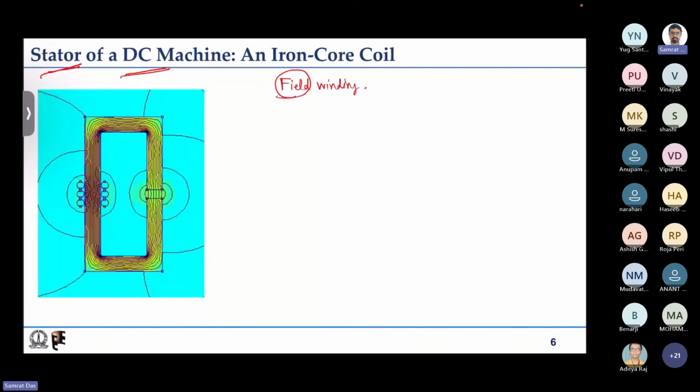Now, because we have a stator and a rotor, there are two bodies. Let us try to redraw this structure so that we can realize the stator of a DC machine from this simple structure. So I am drawing the same thing as of now.